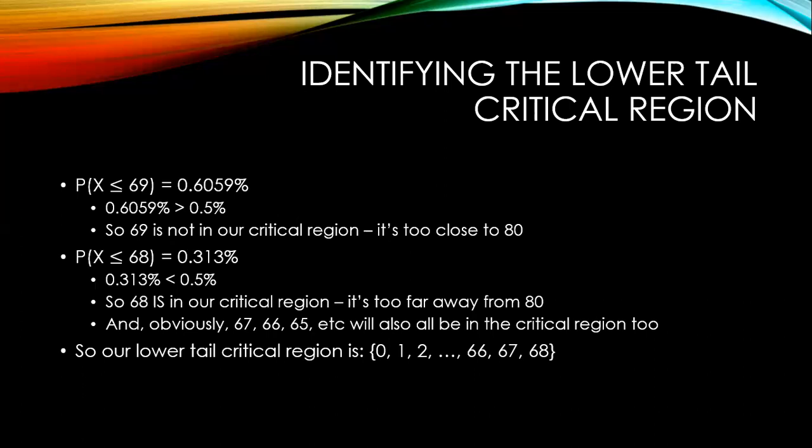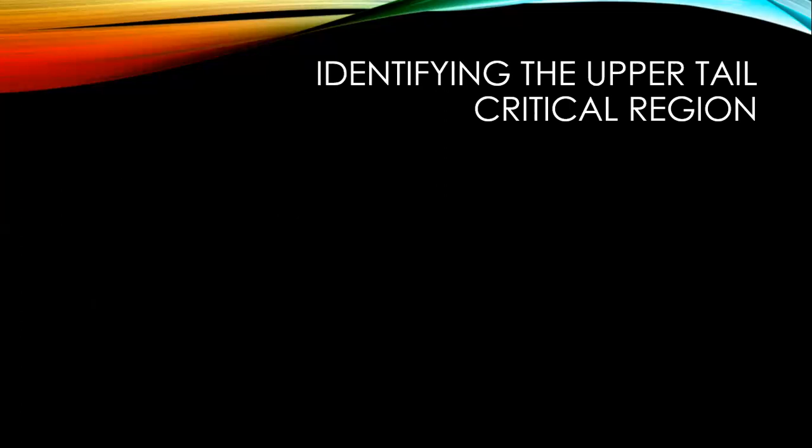Because this test is a 2-tail test, we need to see if there is an upper tail critical region. There may not be. With a 2-tail test, we may not necessarily have 2 parts of the critical region, but normally we do, and in definitely most exam questions and most hypothesis tests, we will. So, identifying the upper tail critical region.